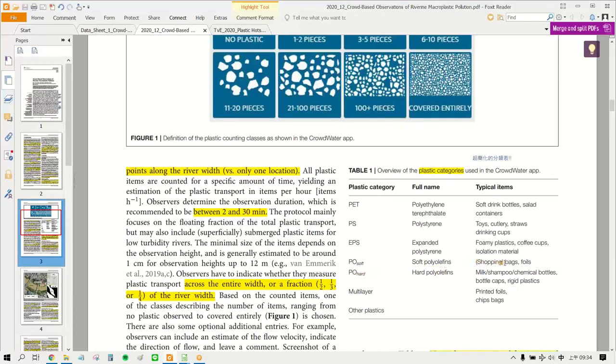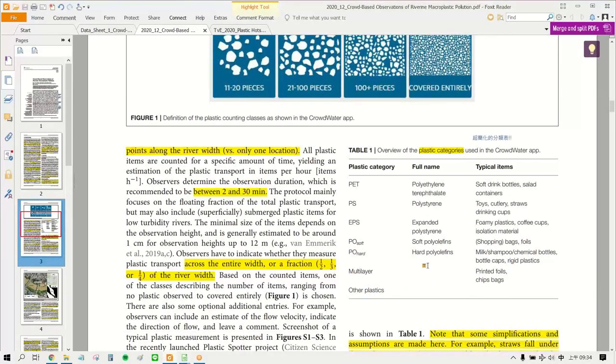Soft is probably shopping bags and foils, and hard is some kind of containers like bottles and bottle caps, or rigid plastics. So they simplify the traditional debris category into these very simple 7 categories. The last one is multi-layer and other plastics. So this is table 1.